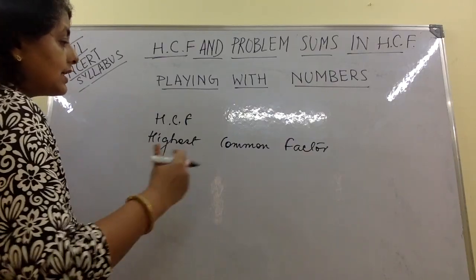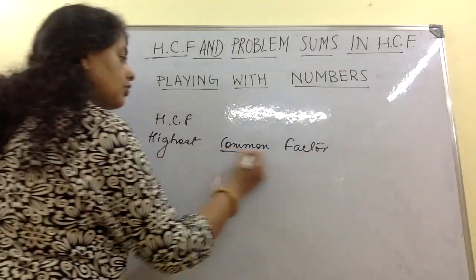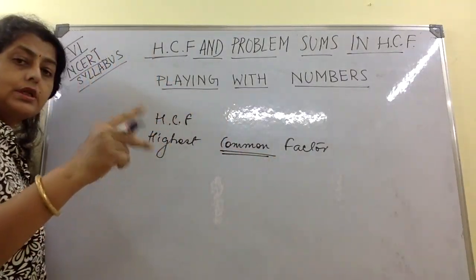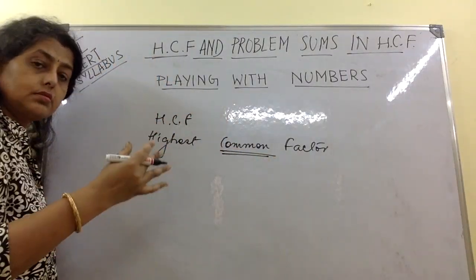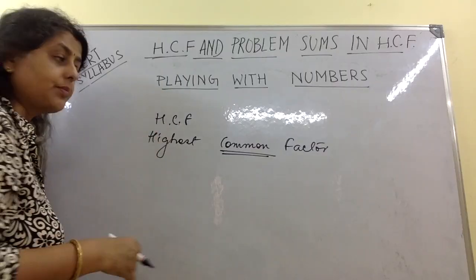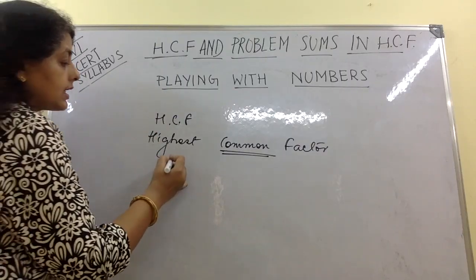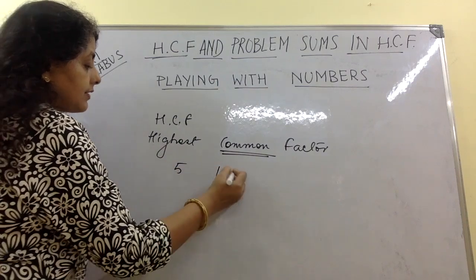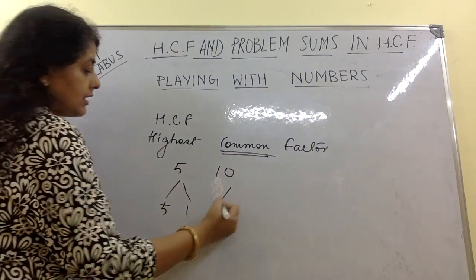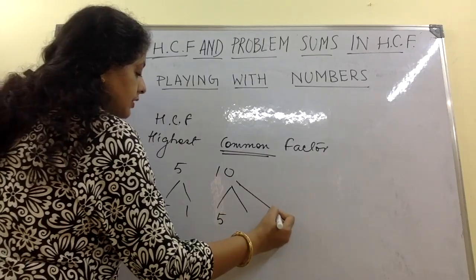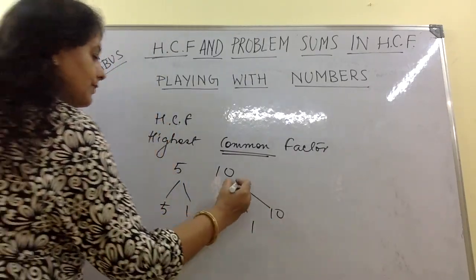Now what is highest common factor? If they are talking about the word common, there have to be at least two numbers, then only common can come, right? So let's say I have 5 and 10. Now 5 has factors 5 and 1, 10 has factors 5, 10 and 1 and also 2.